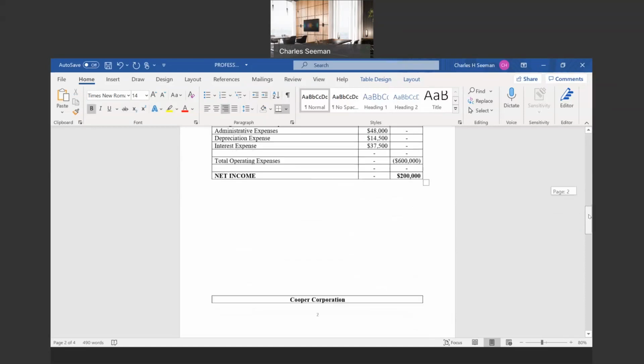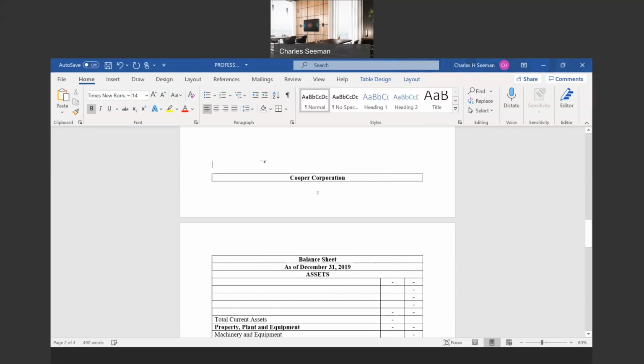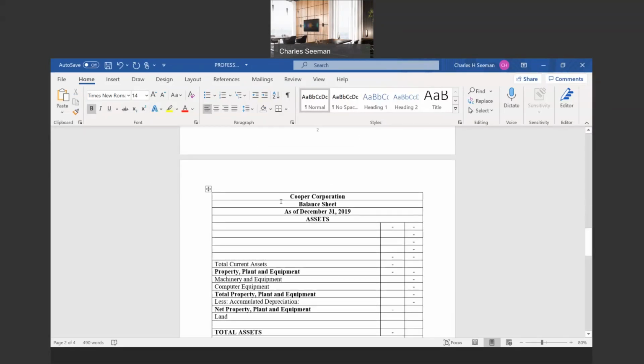Now you go to the balance sheet. A balance sheet also has the company name, a heading, what it is, and the balance sheet is a snapshot. It's the financial position of a company at a specific time. So it's as of some date.